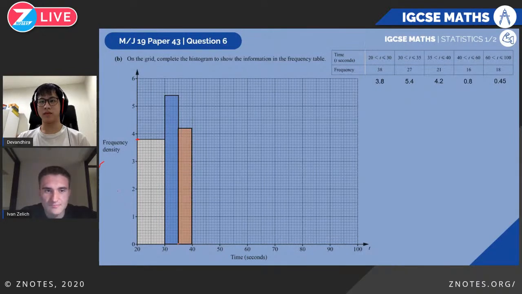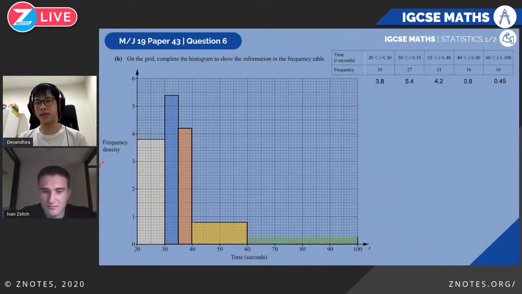And if we continue like that, the next one's 4.2, so it's 2 up from 4, and the width is going to be 5 again. The next one's going to be 0.8, so 2 down from 1, and the width is going to be 20.